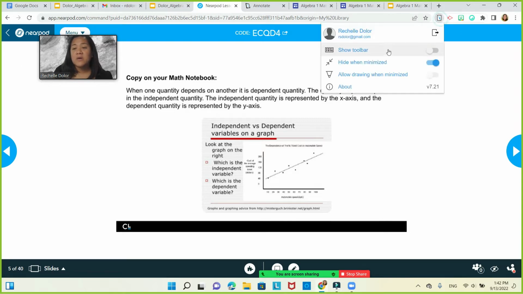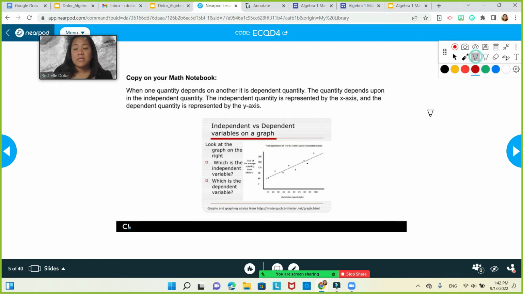So let's now make sure we label that. So this is now the x-axis, which is the independent, right? And this is now the y-axis, the one that is vertical.